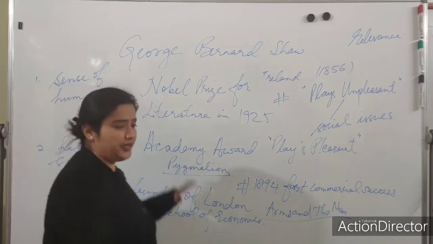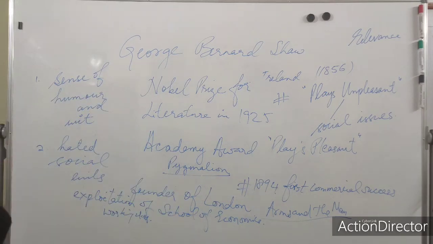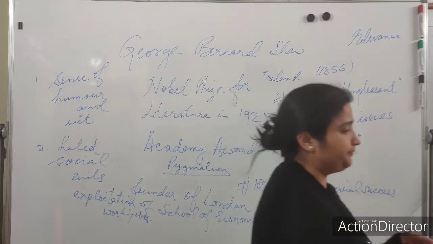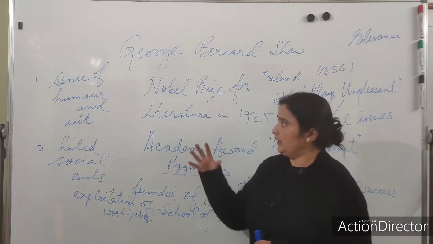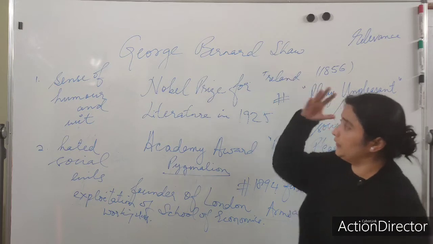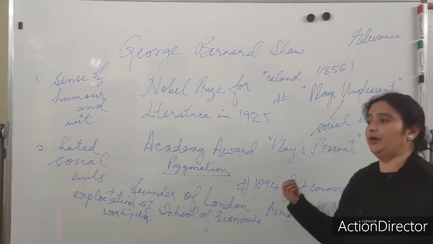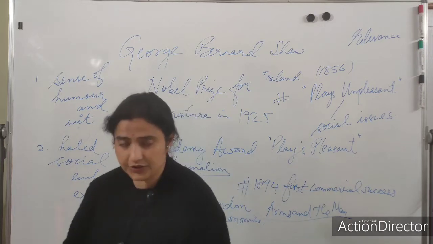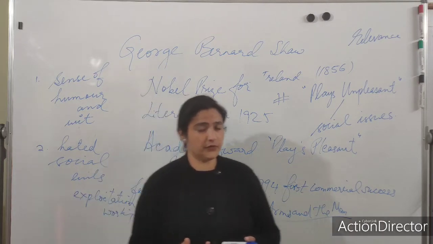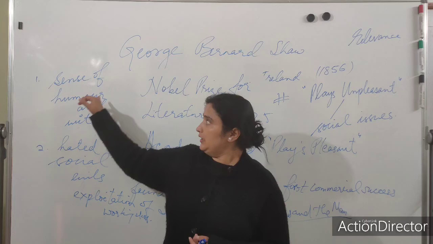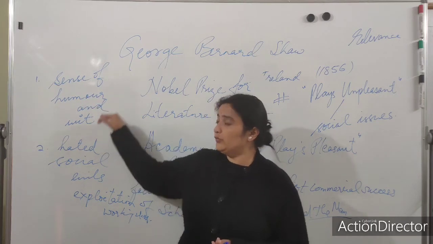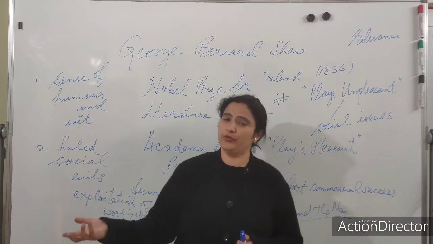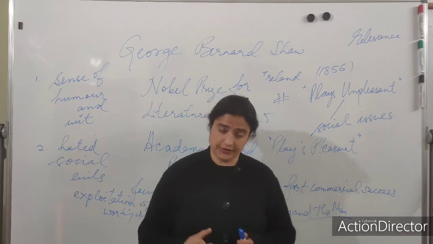So this is something which I have told you in the context of realistic drama also. But then what you have to remember, that Shaw, being a realist, he talked about the problems that the people in his society were facing, right? And he uses the element of humor and wit in his works to bring out the hypocrisy of the people in the society, right?